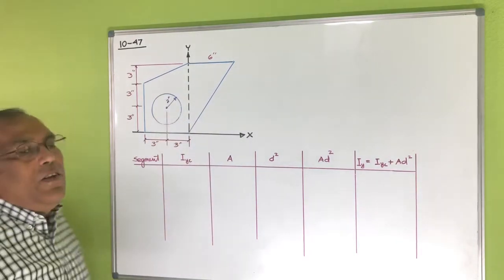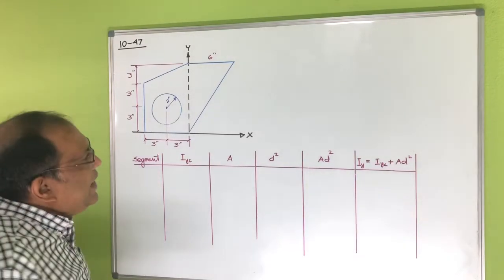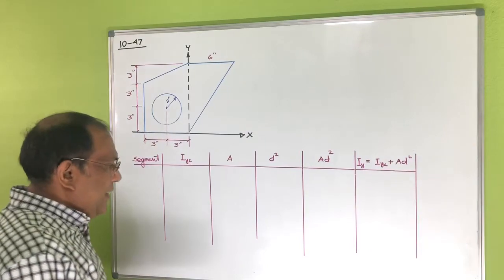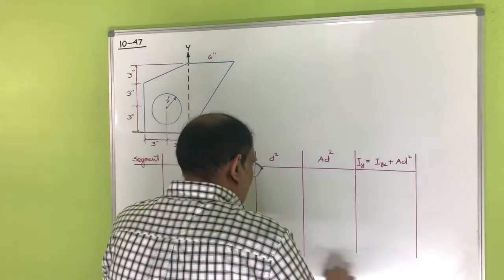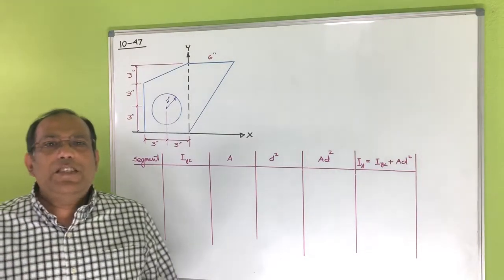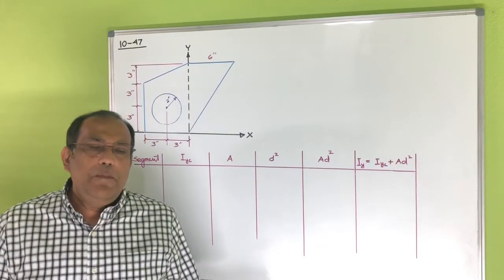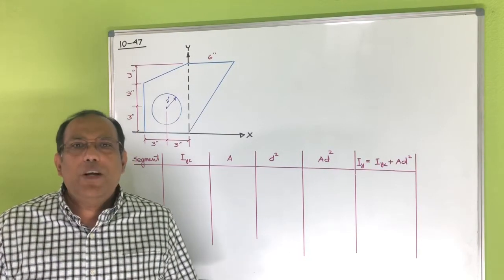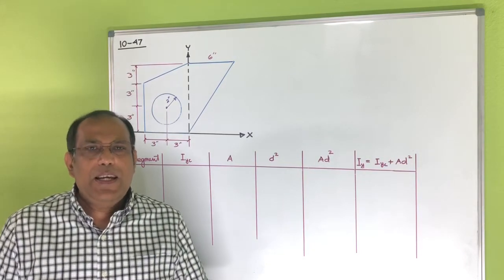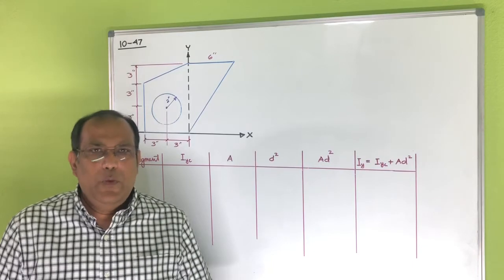So first of all, I have to find out how many segments I can get from here, right? Once again, you can choose different segments, that's up to you, but I'm just trying to show one of them in which the number of segments would be minimum. Okay, you can find out the other ways too.